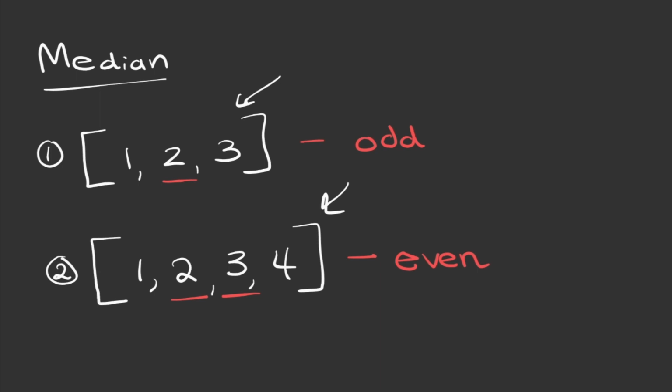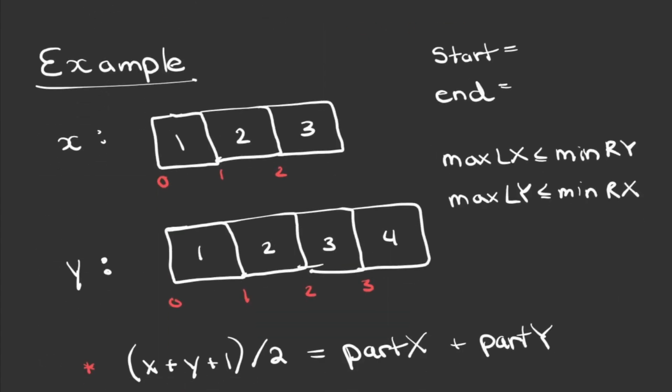So let's look at an example. For this example, we're just using the same arrays that we looked at in the previous example. So instead of taking both of the arrays and creating another array with the sorted elements, we can just partition them while we're going through one of the arrays. Then we can use the condition that the maximum of the left from the first array should be less than the minimum right of the second array.